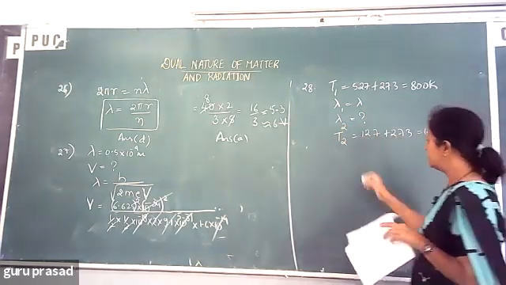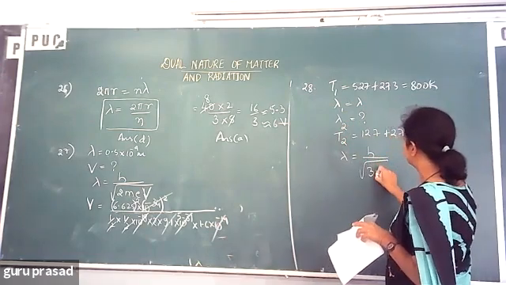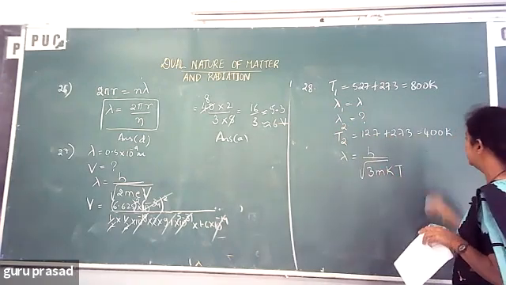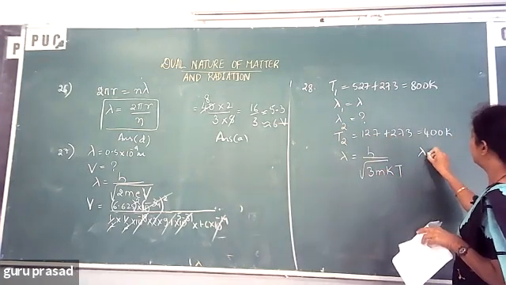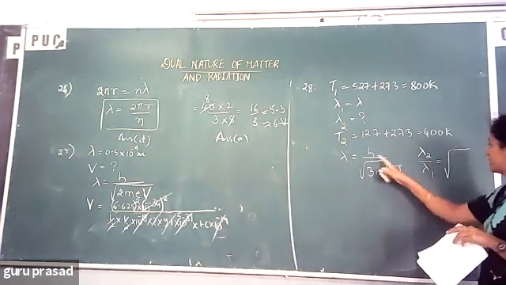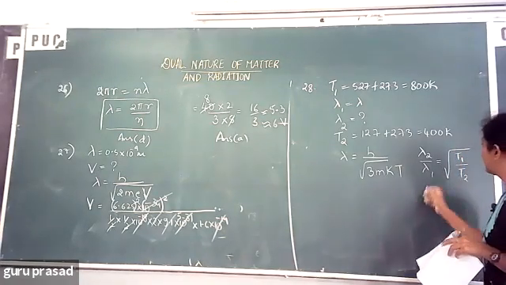We have the equation lambda is equal to h by square root of 3mkT. Now look at how they are related. So lambda 2 by lambda 1 is the square root of T1 by T2, as it is inversely proportional.